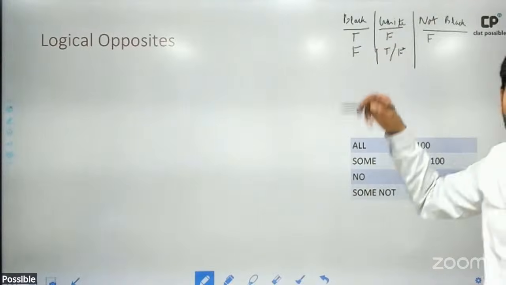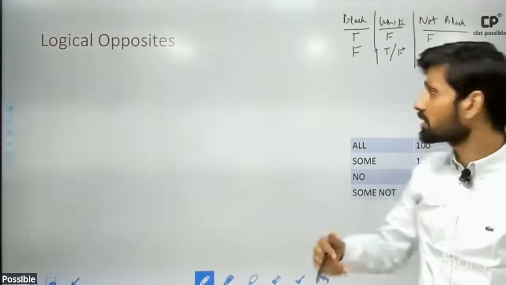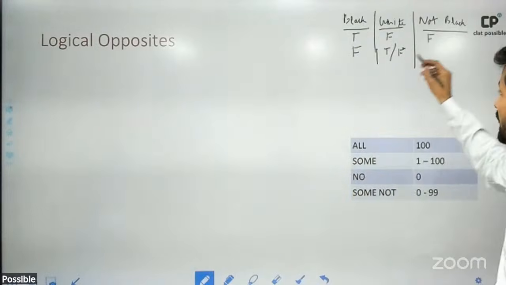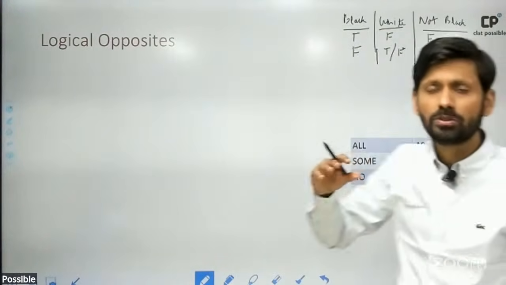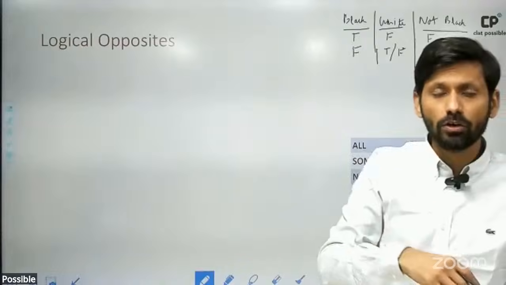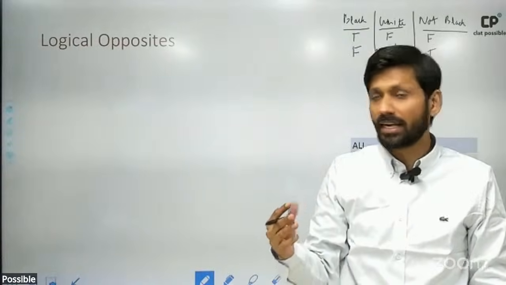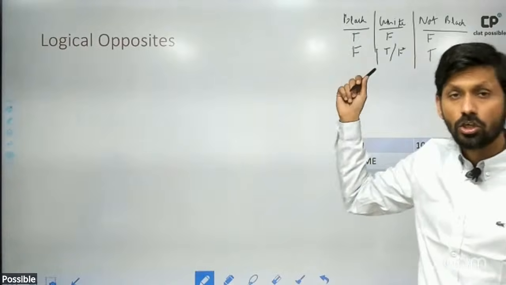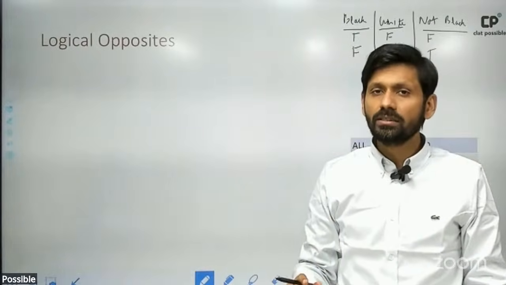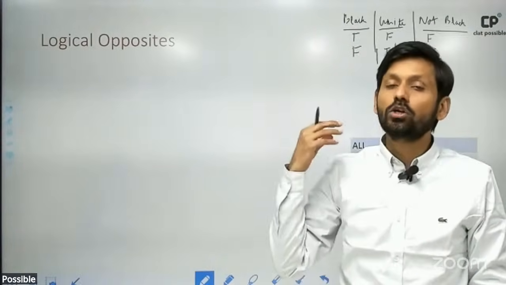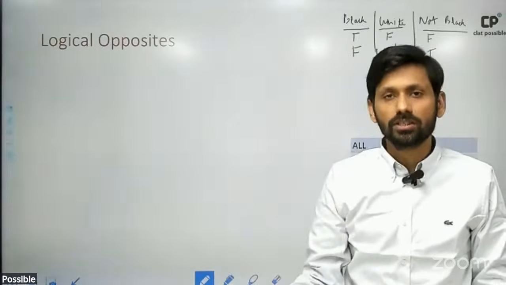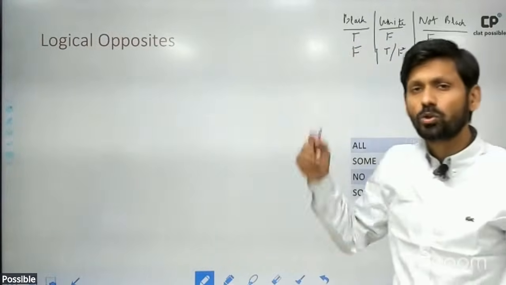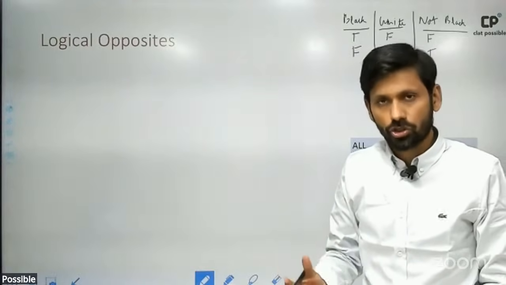And if something is black is false, we start with the proposition, and the statement that it is not black automatically becomes true. So that's the difference between a pair of logical opposites and polar opposites, right? Polar opposites cannot be true together. Logical opposites cannot be true together, but also they cannot be false together. If one is false, the other is true. In case of polar opposites, if one is false, the other could be true or false. We are not sure, right?